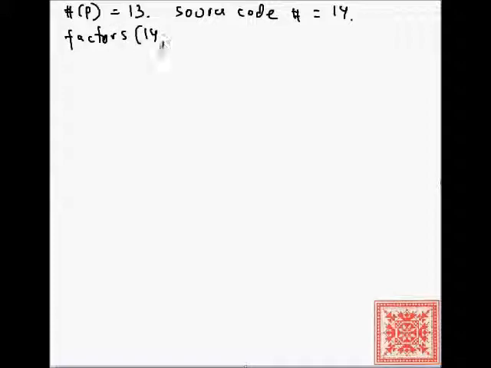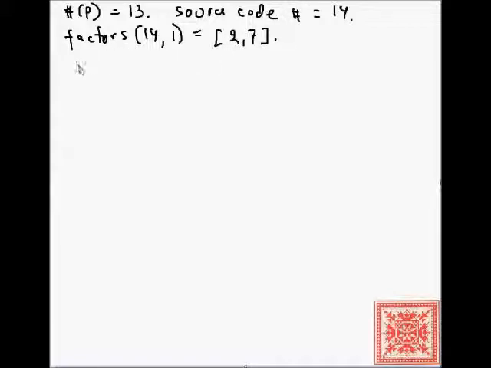Okay, let the number of the program be equal to 13. Then the source code number is the number of the program plus 1. It's 14. So we have to get to the individual instructions. So factors of 14 gives us the prime factorization, 2 and 7.